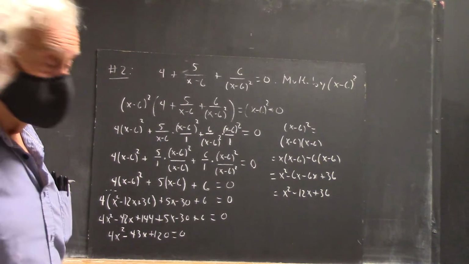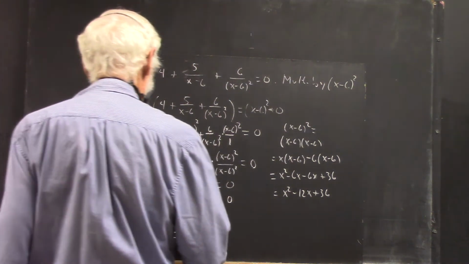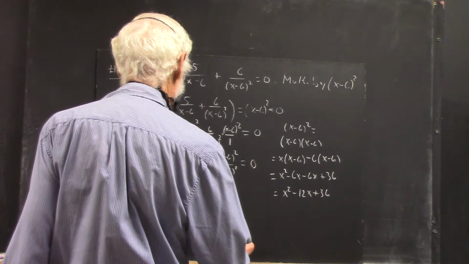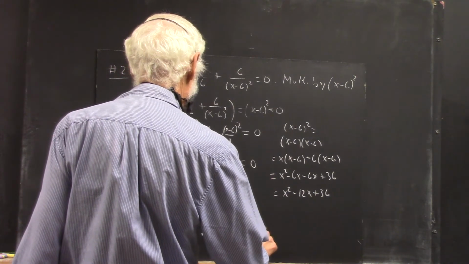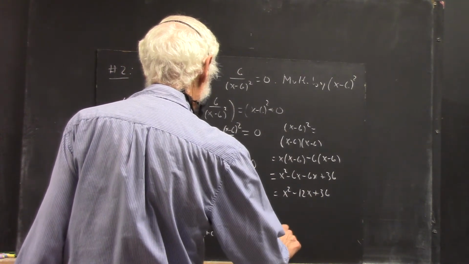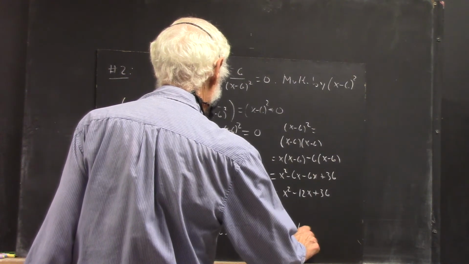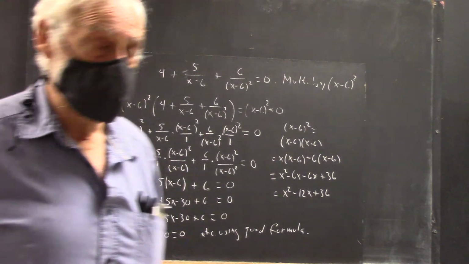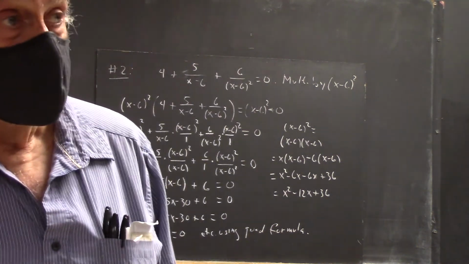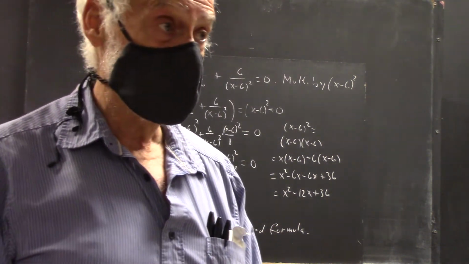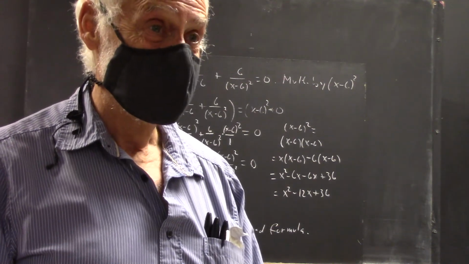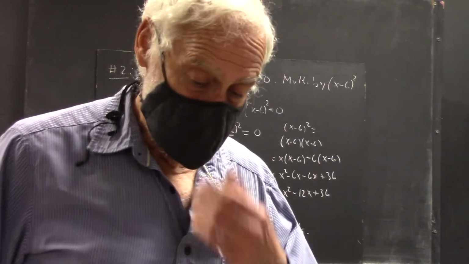Okay? And we know how to do that. Everybody's demonstrated their ability to use the quadratic formula. If I write it down for you, next time I'm not going to write it down. Okay? You got to know it.